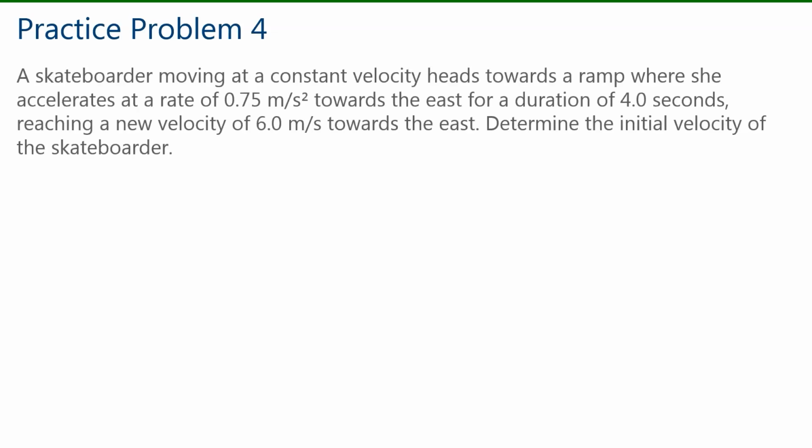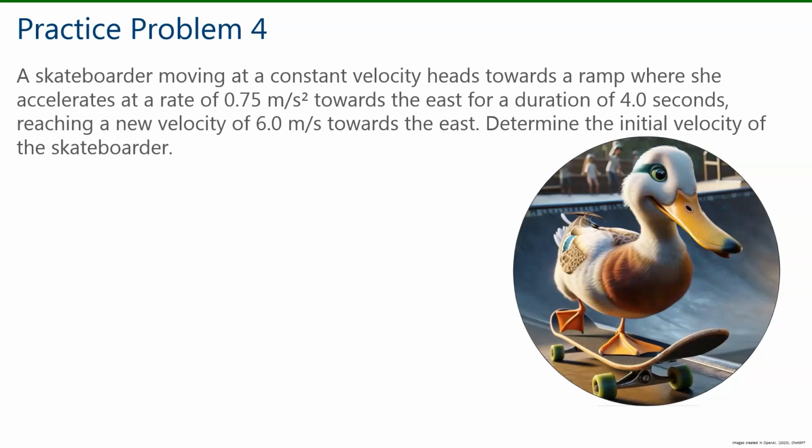Next, let's look at practice problem number 4. A skateboarder moving at a constant velocity heads towards a ramp where she accelerates at a rate of 0.75 meters per second squared towards the east for a duration of 4.0 seconds, reaching a new velocity of 6.0 meters per second towards the east.